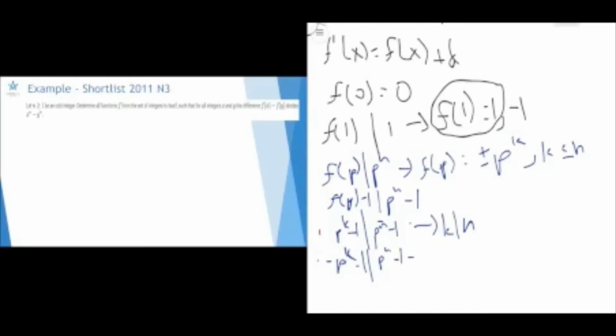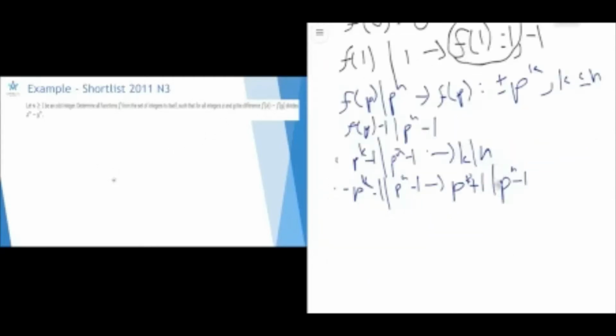So this means p to the k plus 1 divides p to the n minus 1. And here's where we can use some Euclidean algorithm. Okay, so to do this, let's try to subtract this left-hand side a couple times from this right-hand side.